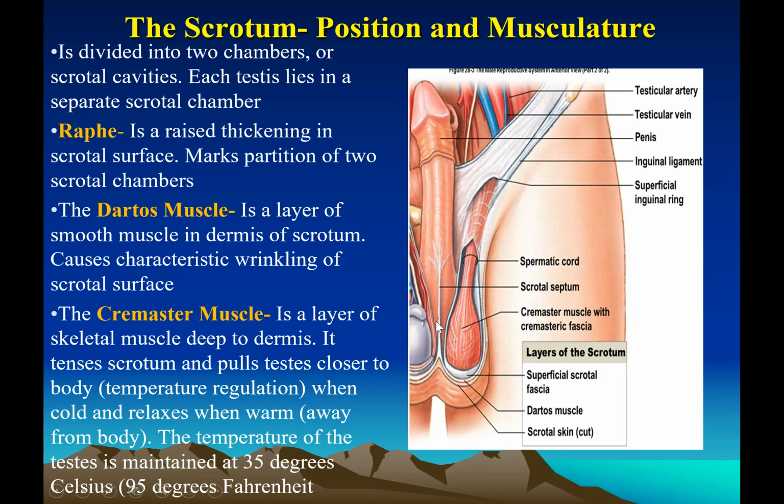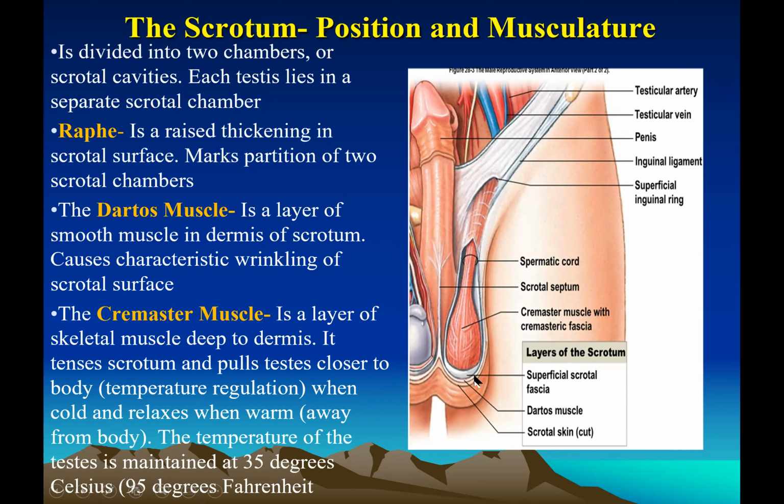In the scrotal sac, there are different layers because it's one of the most vital organs in the body. They are heavily protected by different layers of muscles and cells. The characteristic wrinkled appearance of the scrotum is because right under the skin, there is a muscle called the dartos muscle, which is all wrinkled up and bunched together.